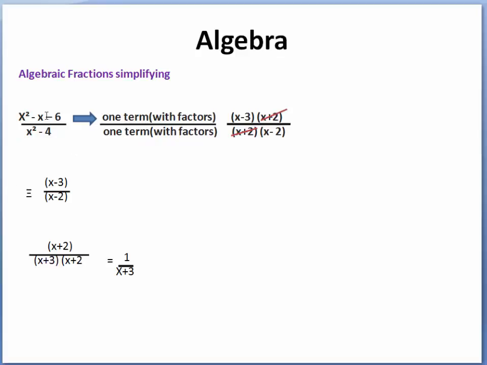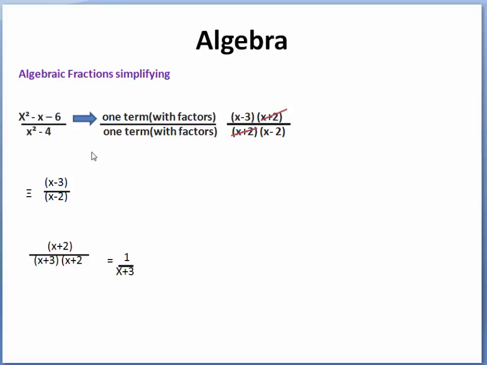So for this equation, we have to convert it to one term on the top and one term on the bottom, as we explained. So how can we do that? We factorize. When we factorize this, we get (x - 3)(x + 2). The factors of minus 6 are minus 3 and plus 2.